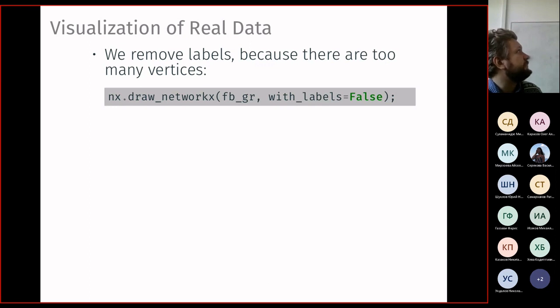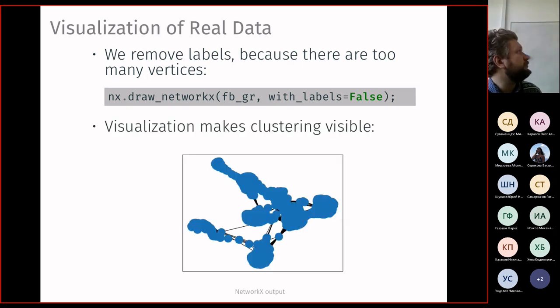For real data, this FBGR is a graph taken from the SNAP dataset. We removed labels because otherwise they would overpopulate our picture, and we get something like this. You see clusters, which look like there should be 10 points which generate them. But you see that these are all also connected to each other.